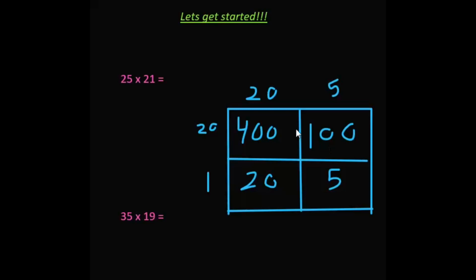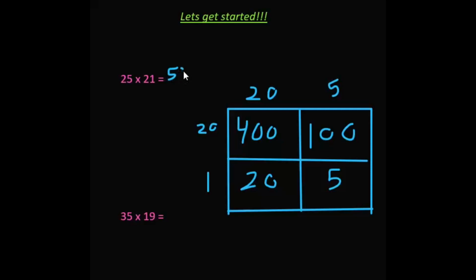So now let's add up all of the numbers inside the area model. First we can do 400. It's easy. 400 plus 100 equals 500. 500 plus 20 equals 520. 520 plus 5 equals 525.